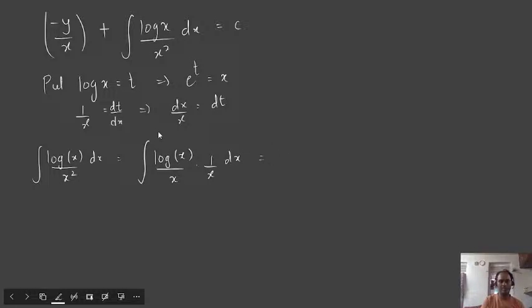Now we can get a better split. So log x has got converted to t, dx over x has got converted to dt. But what about this x? That x is still remaining, so that can be written as e raised to t. So here you have the integration of t into e raised to minus t dt.